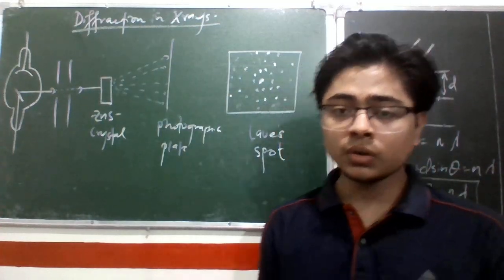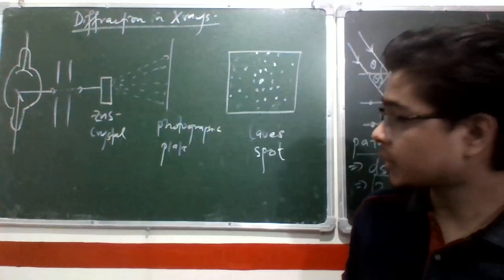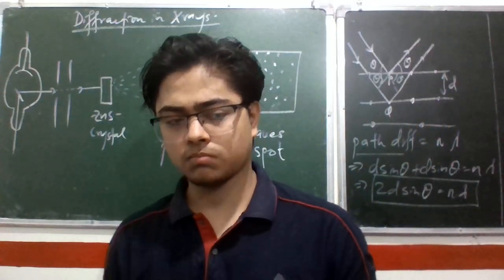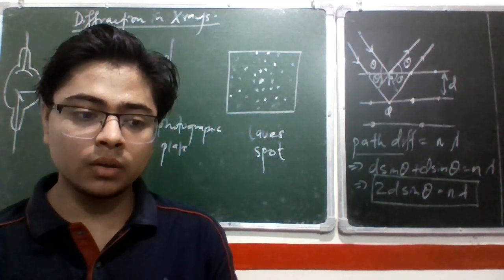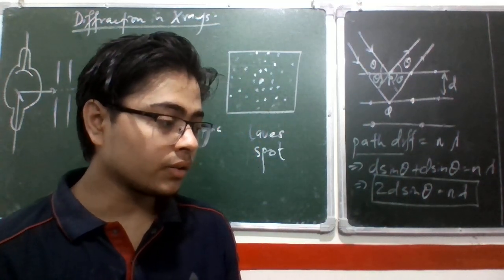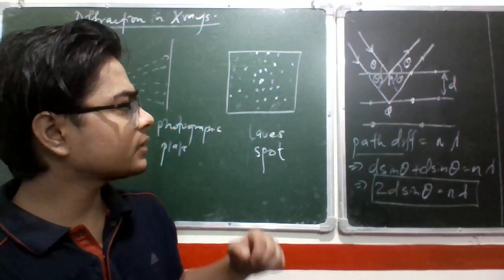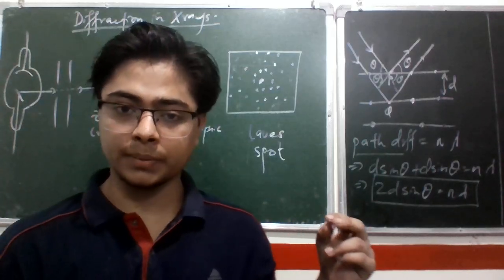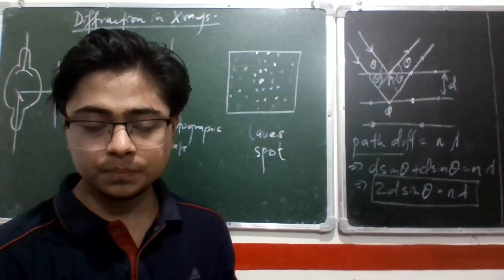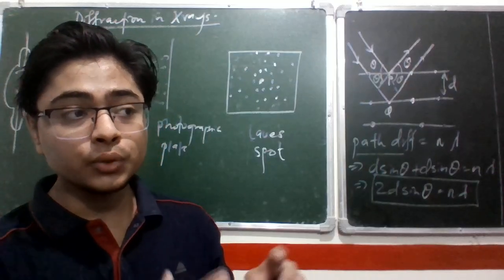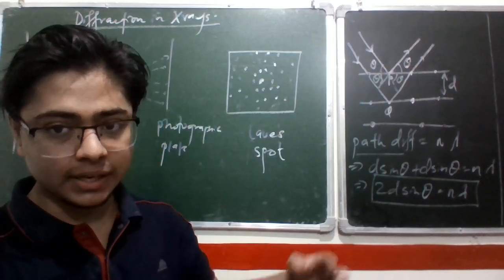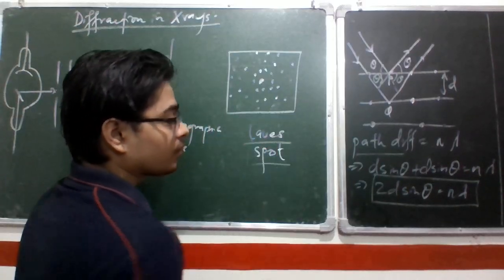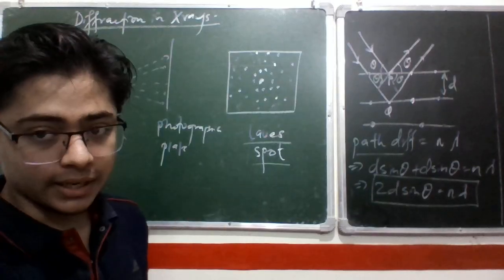If you want to know the reason for the production of Laue spots, it is quite deep physics. I would say that Laue spots are formed because of two phenomena. First, due to the X-rays themselves, the diffraction of X-rays, and another mechanism also happens from the crystal side.